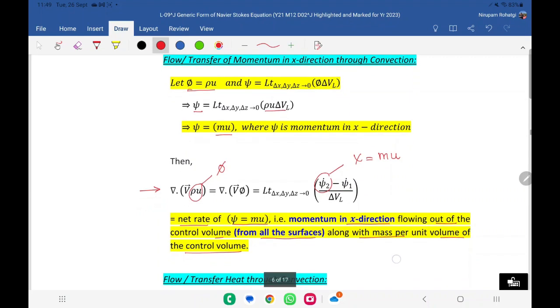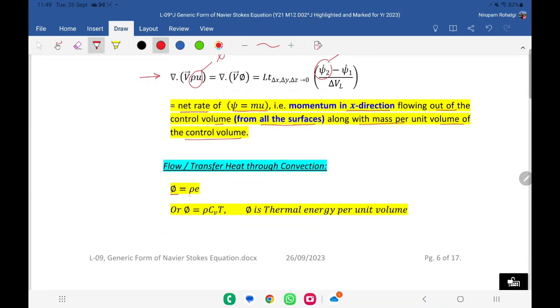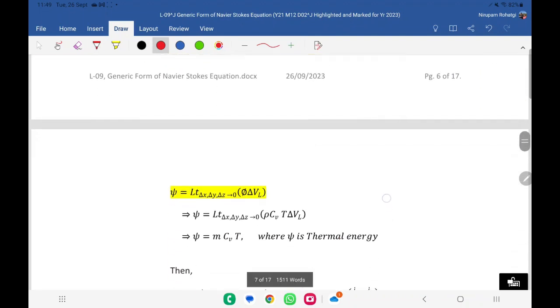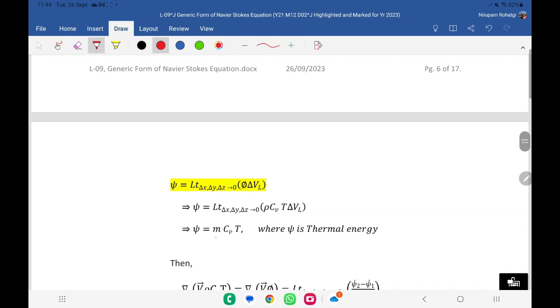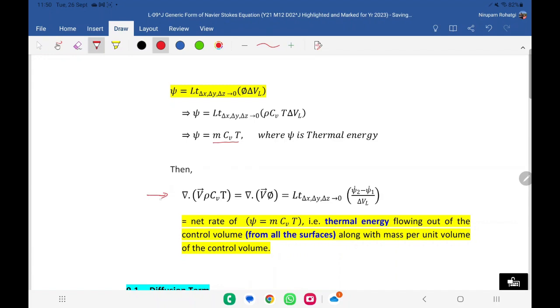If you take phi as rho e, or in other words rho as C_v T, your psi becomes equal to m C_v T, multiplied by volume. So what will this equation be?